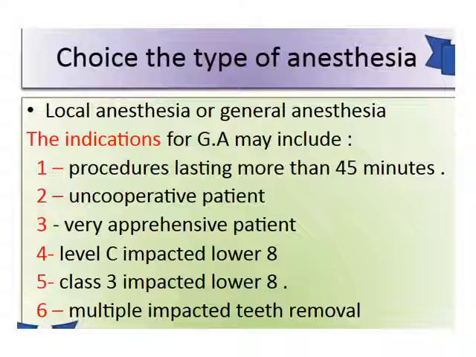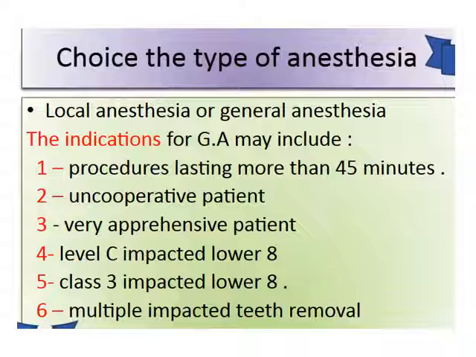The indication for general anesthesia may include، امتى راح نضطر نستخدم general anesthesia؟ لما الكيس difficult والبروسيجر ممكن تحتاج لنا أكثر من 45 دقيقة. Procedure lasting more than 45 minutes.